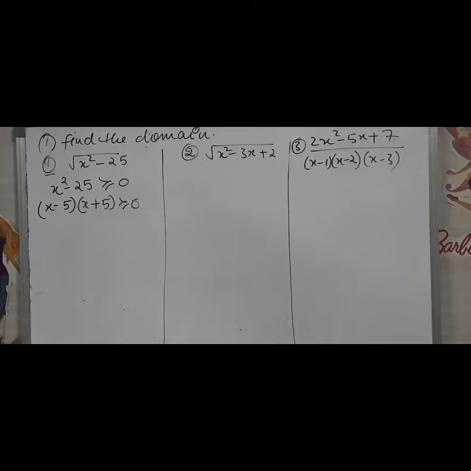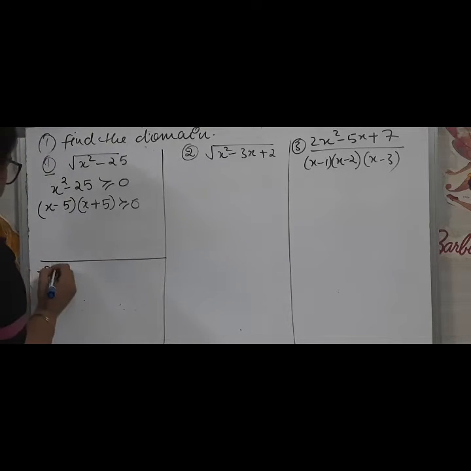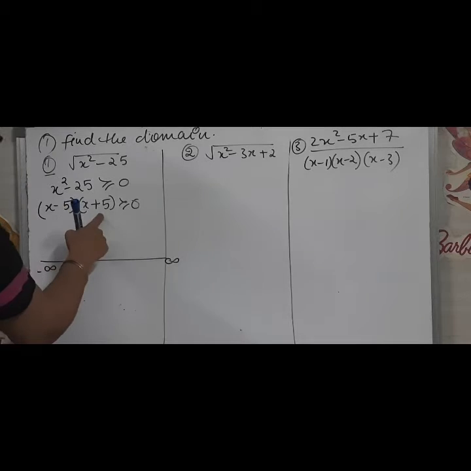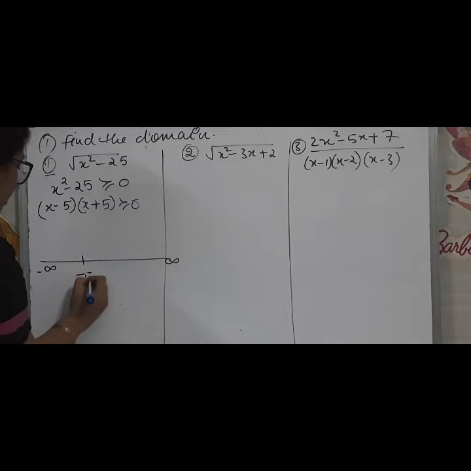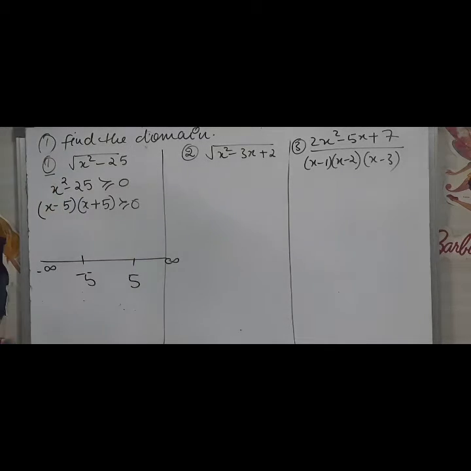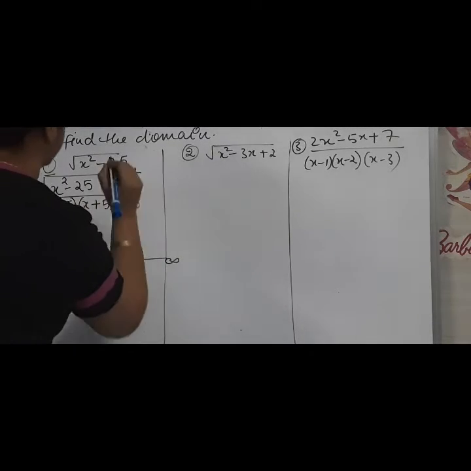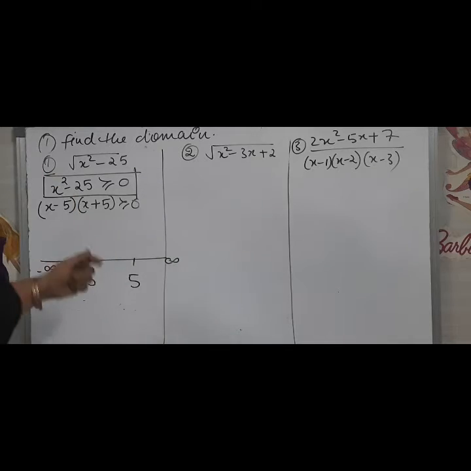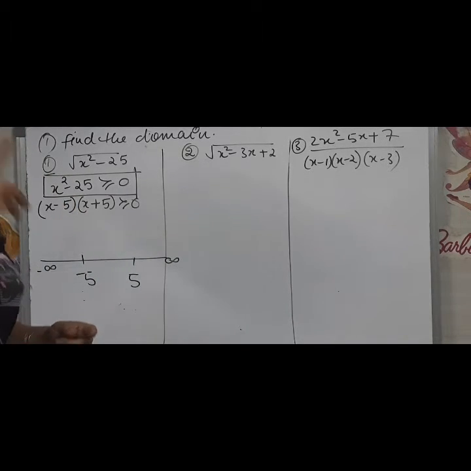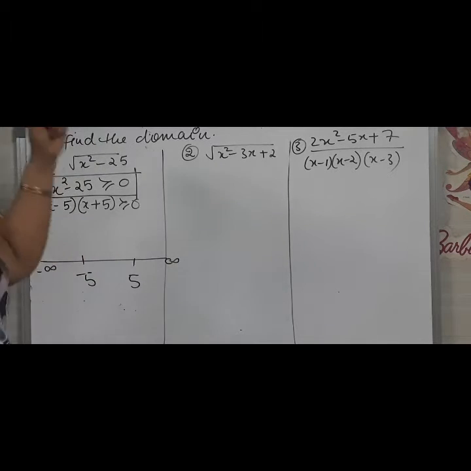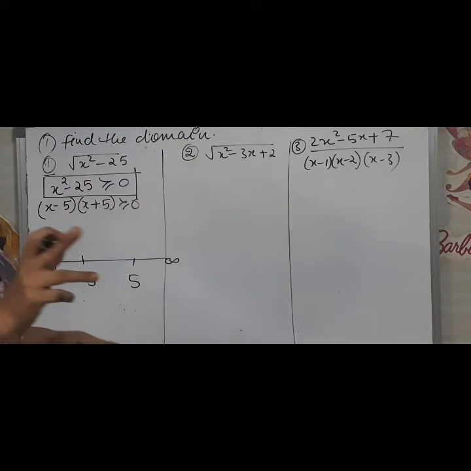To understand domain, we can make a number line. Now, I am writing minus infinity to infinity. What values will come of x? Minus 5 and 5. I am writing here minus 5 and 5. Because my equation is greater than or equal to 0, I will take those values of x which satisfy this equation, because the domain means the input.